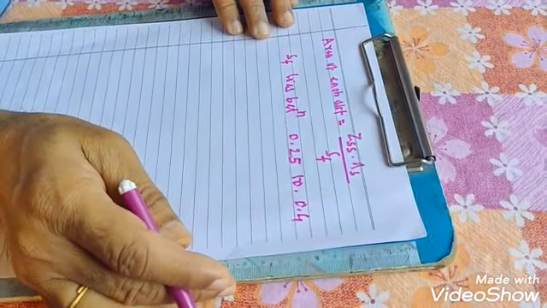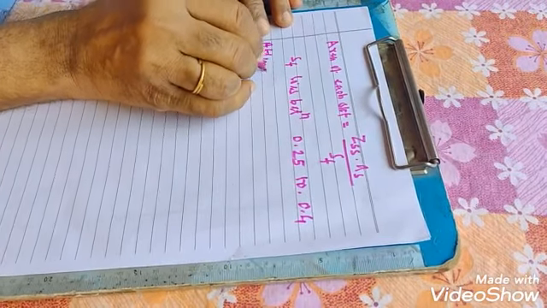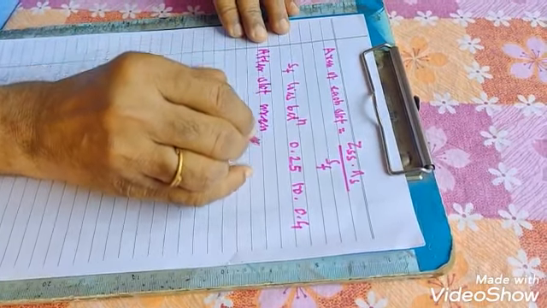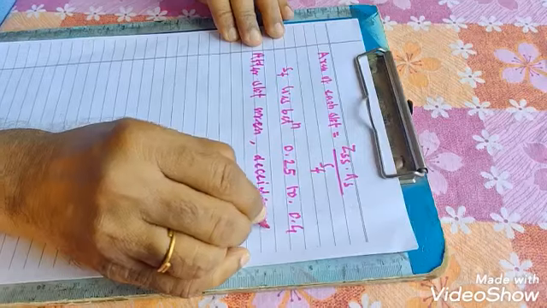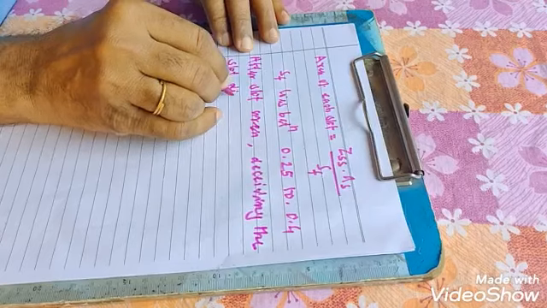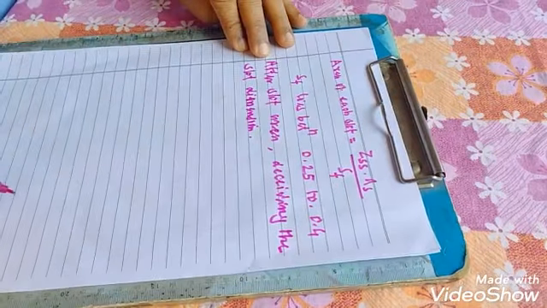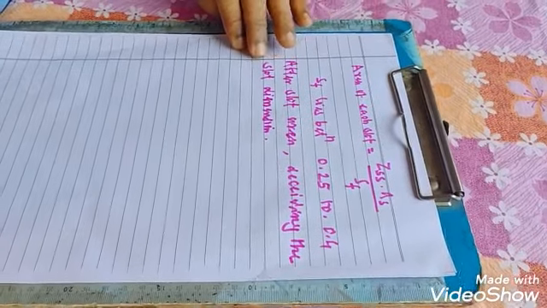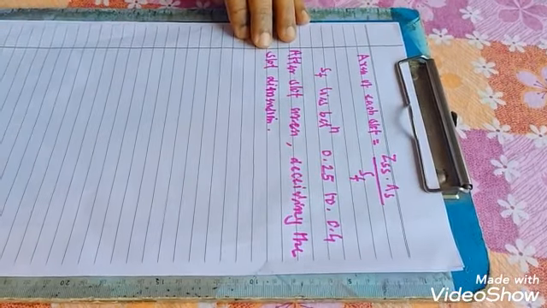After deciding the slot area, we decide the slot dimensions. Slot dimensions are the width of slot and the depth of slot.